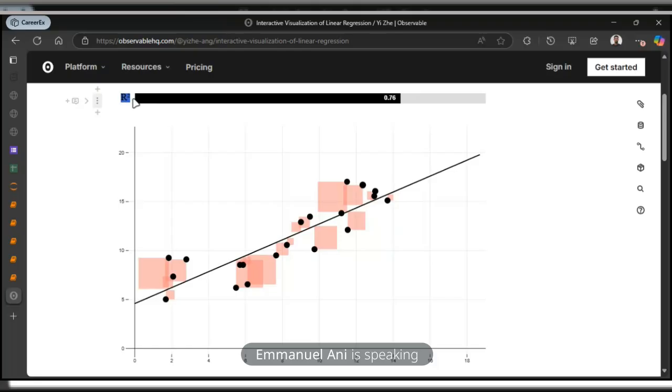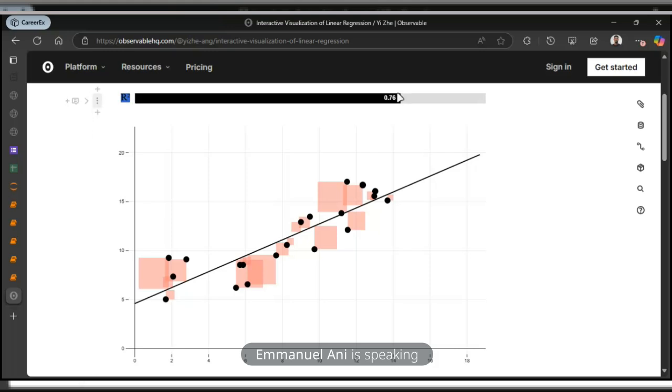R square is a metric that we use for regression. It basically gives us an assessment of how the model is performing. The R square value is usually from 0 to 1. So the higher the value, the better your model, the better your regression model.